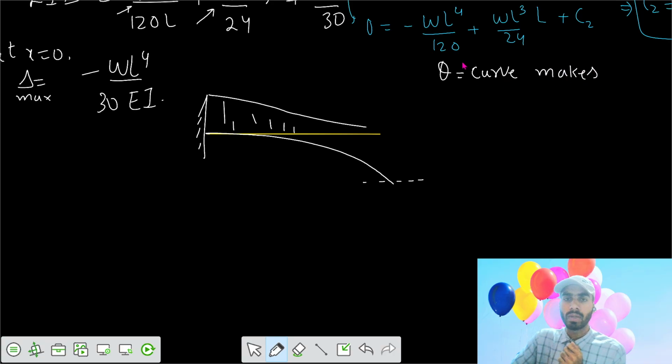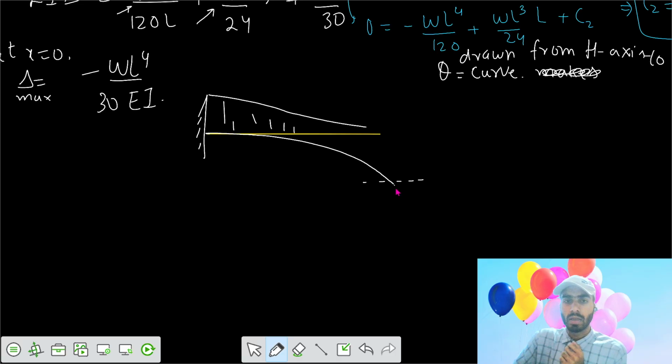Theta is drawn from the horizontal axis to the curve.